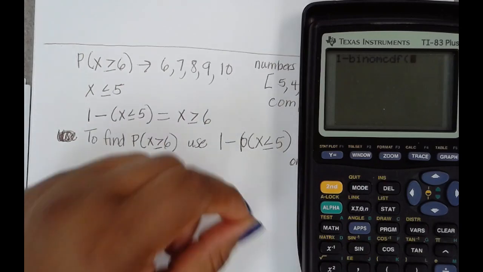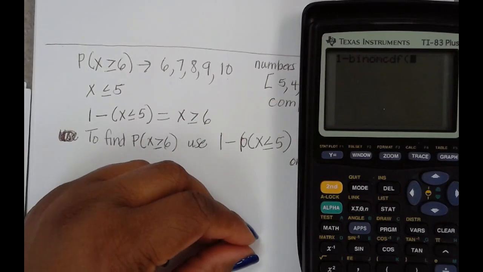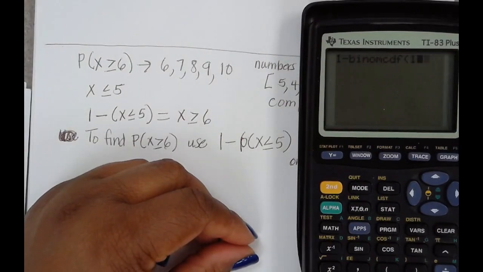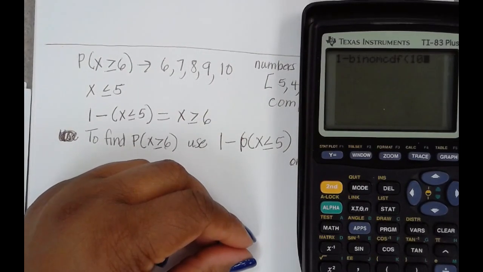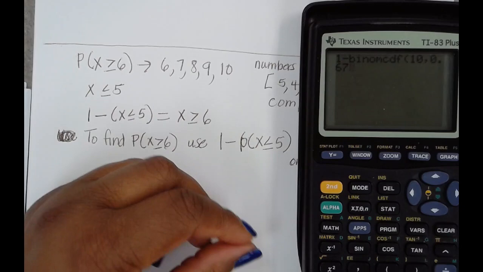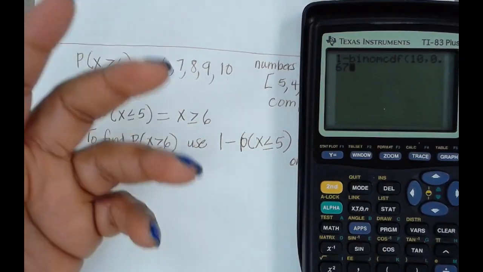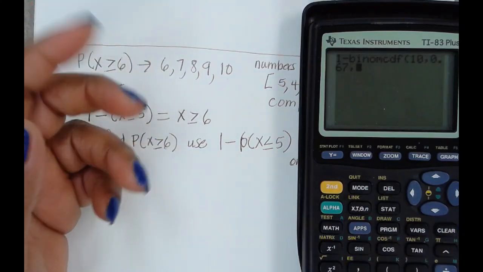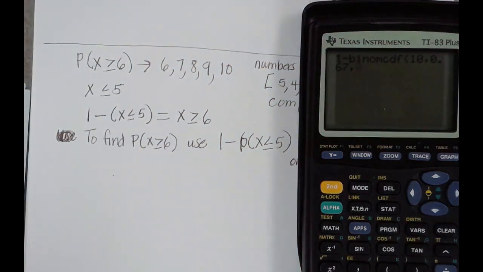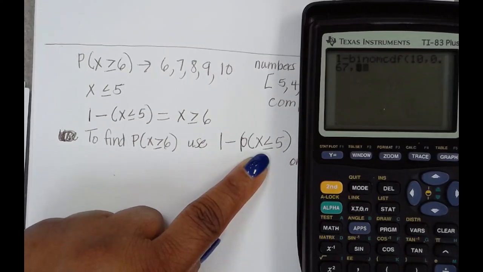Now, just like before, I need to enter in n, which is 10, comma, 0.67, which is the probability of the people having very little confidence in the newspaper. And here I'm going to enter in the number 5, because remember, we're using the complement.